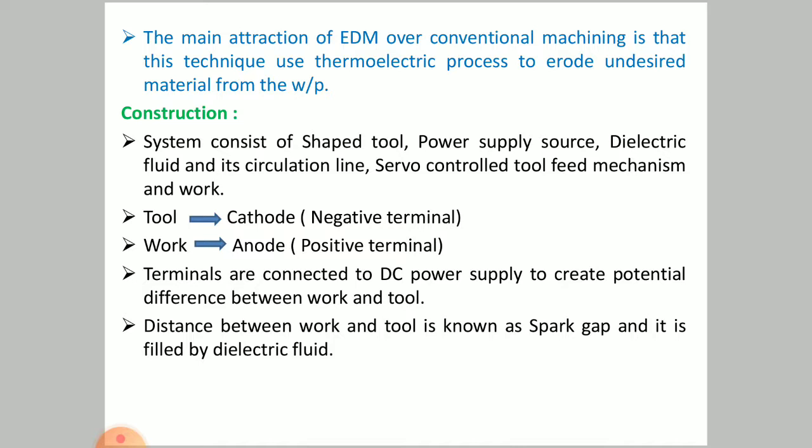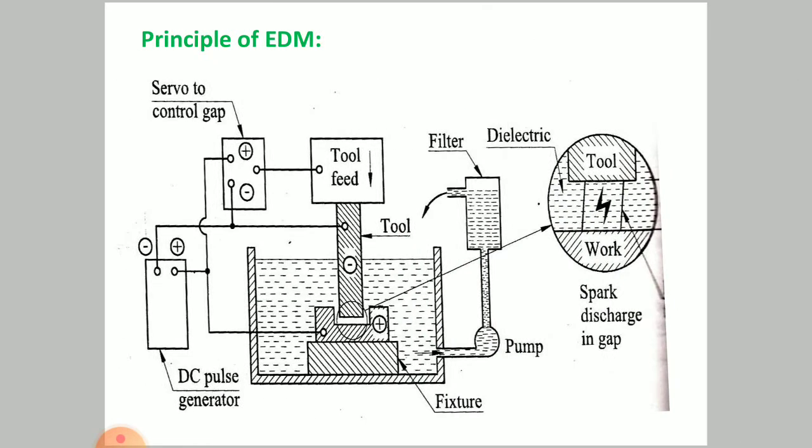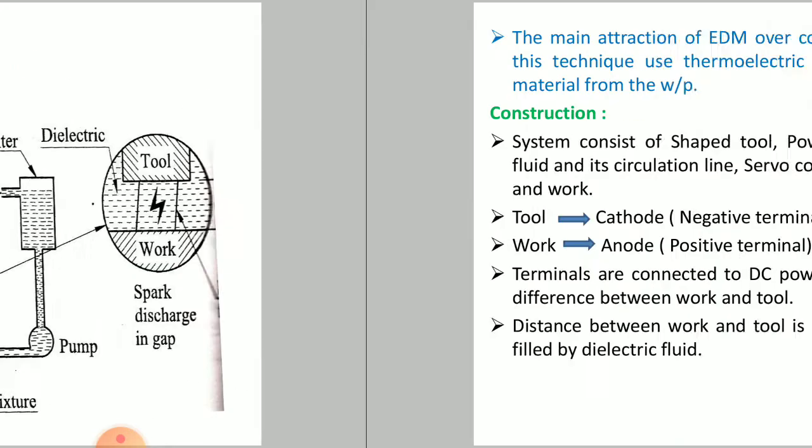The distance between work and tool is known as spark gap, and it is filled by dielectric fluid. As we have observed, the setup is generally immersed into a huge tank or reservoir wherein a substantial quantity of dielectric fluid is present, right?